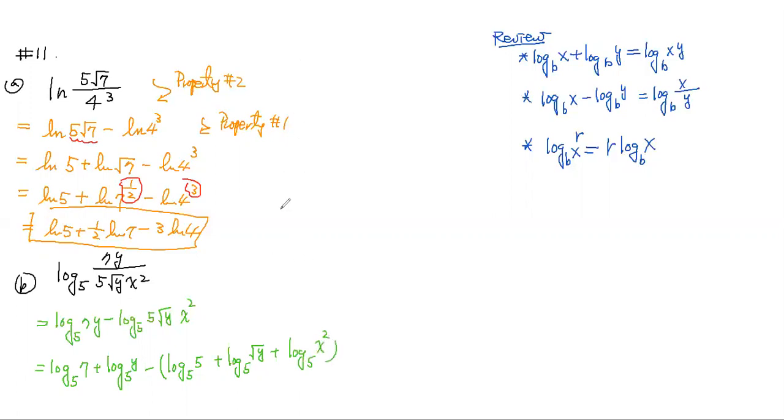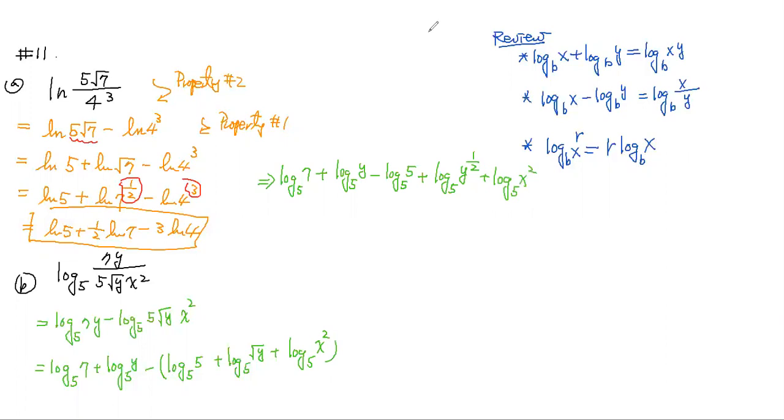Okay, now continuing here, this is log 5 to the 7 plus log 5 to the y, so minus log 5, plus, we know the square root is log 5 square roots. So what is the square root again? Oh, 1/2, right? Okay, so now this is log 5 x squared.